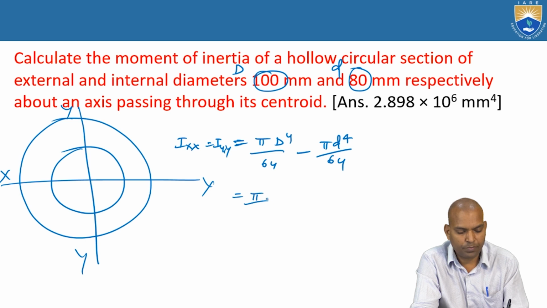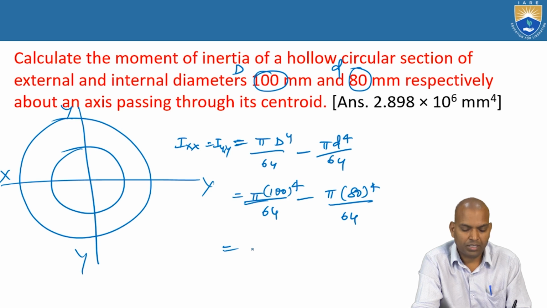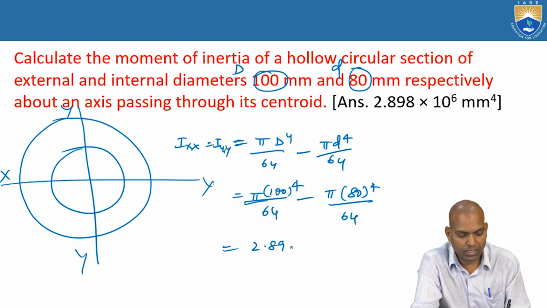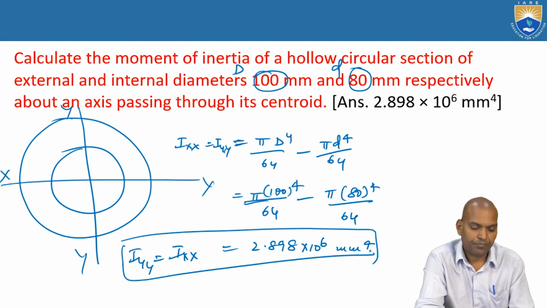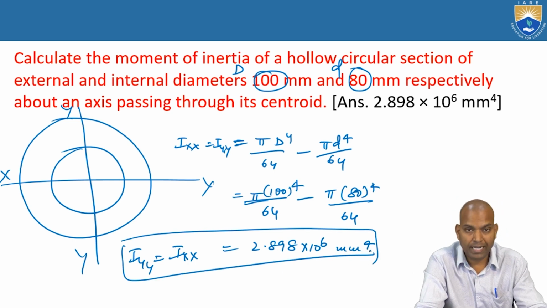Now what is the capital D here? 100 millimeters power 4 by 64 minus pi small d, 80, power 4 by 64. The answer will be obtained as 2.898 into 10 power 6 millimeter power 4. That is IXX equal to IYY. We want IZZ.